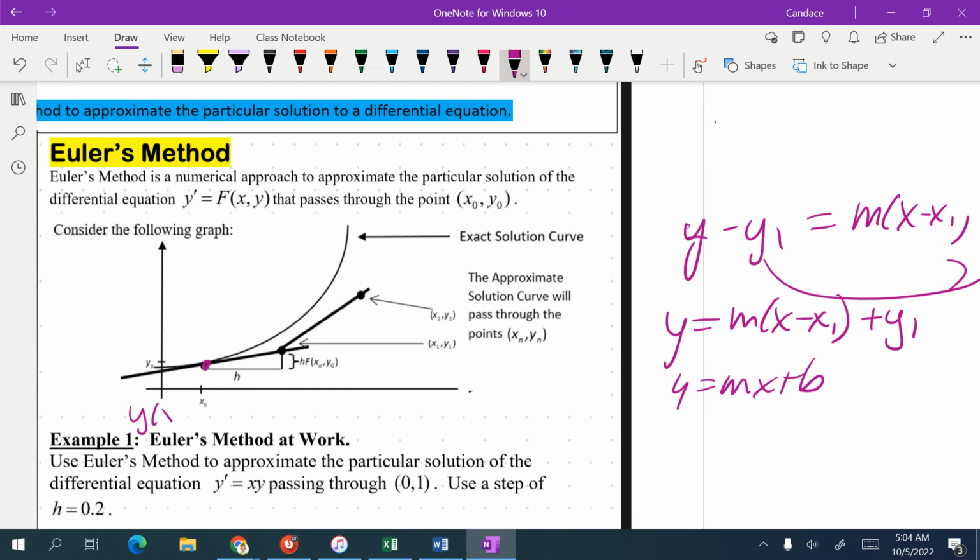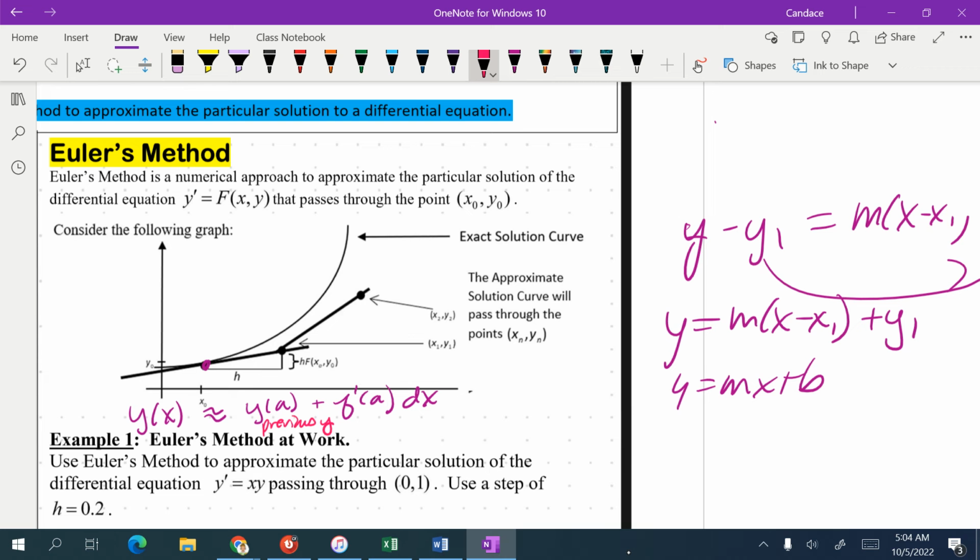So y of x is approximately, because it is an approximation, so we use the approximately symbol, y of a plus f prime of a times dx. Y of a represents the previous y value.